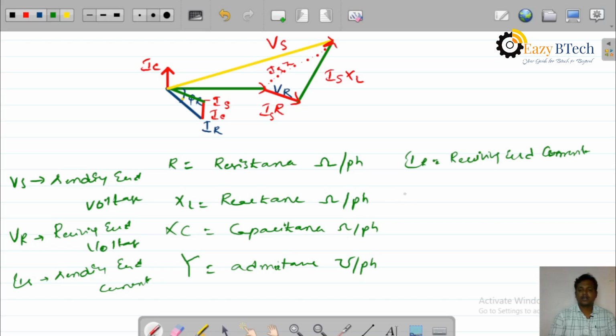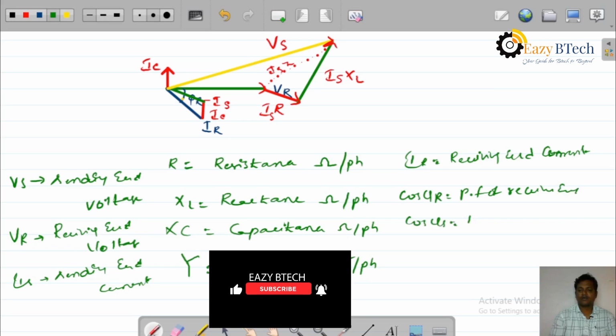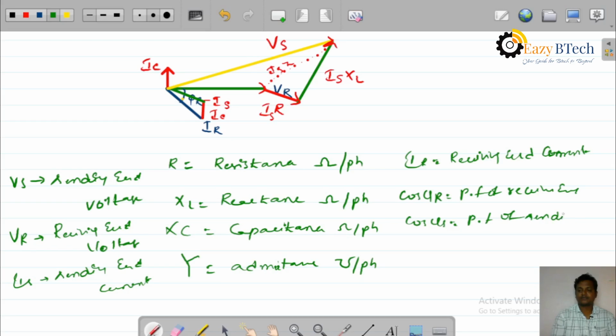And cos phi r is the power factor of the receiving end. cos phi s is the power factor of the sending end. Those are the parameters we have for the medium transmission line, load end condenser method.